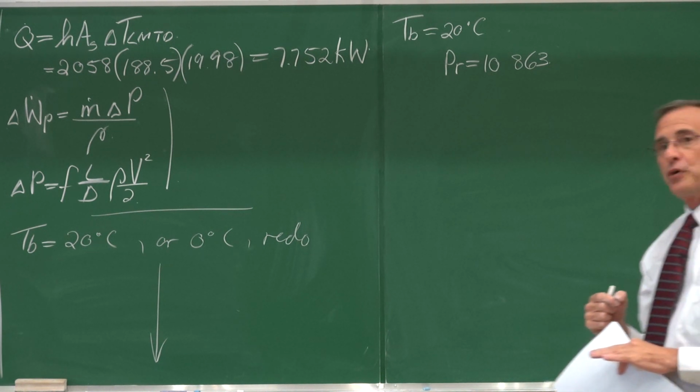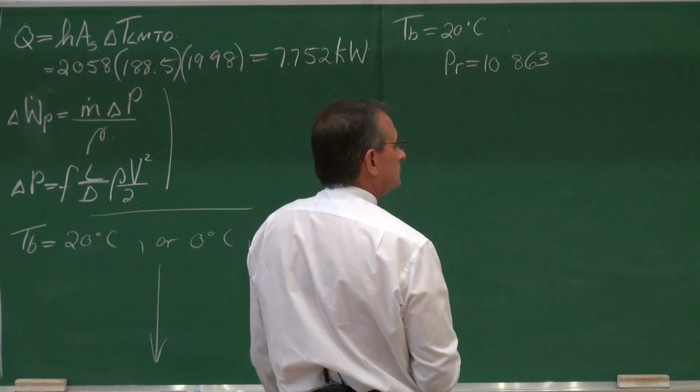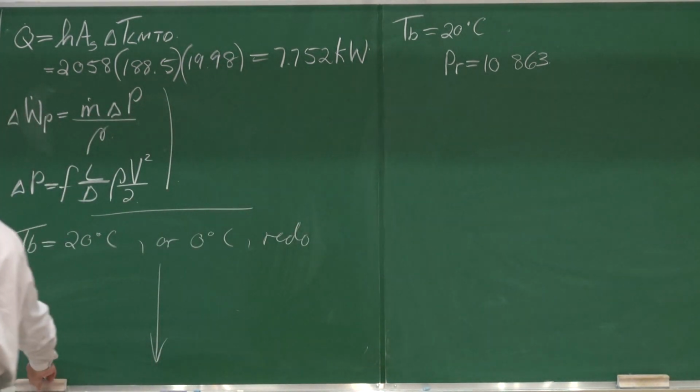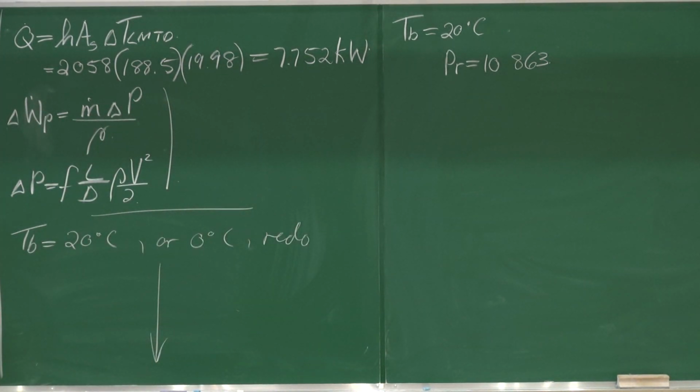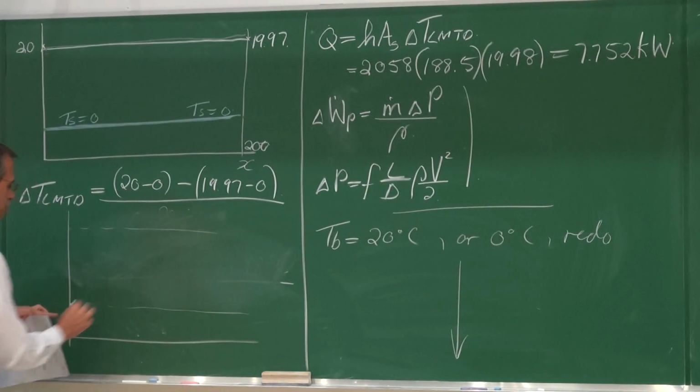Okay, if the Prandtl number, where can I write? Okay, I'm going to do it here. You remember we had a graph like that, and we've looked at the temperature changes between an inlet stream and an outlet stream.